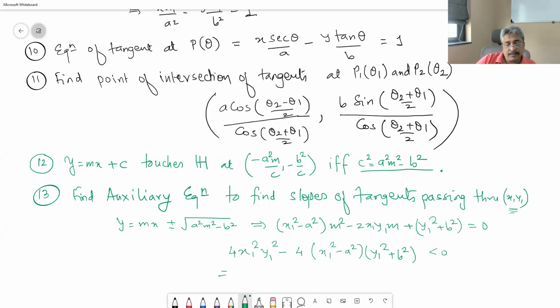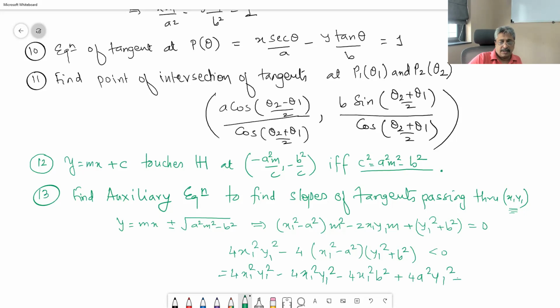So 4 x1 square y1 square minus 4 x1 square y1 square minus 4 x1 square b square plus 4 a square y1 square plus 4 a square b square, right, should be less than 0. So the first term gets cancelled.